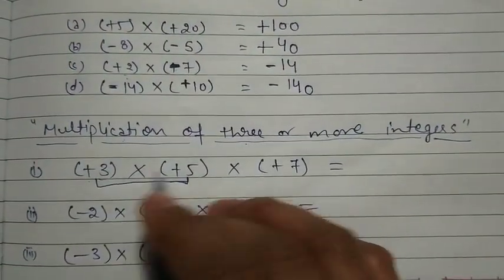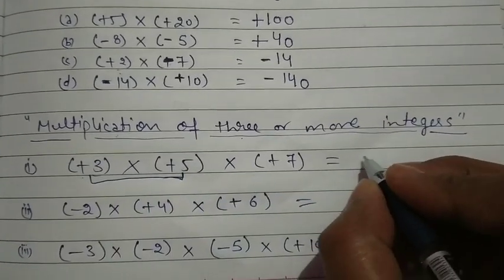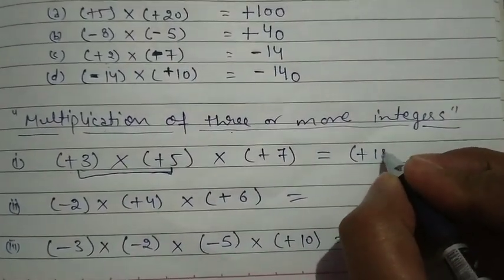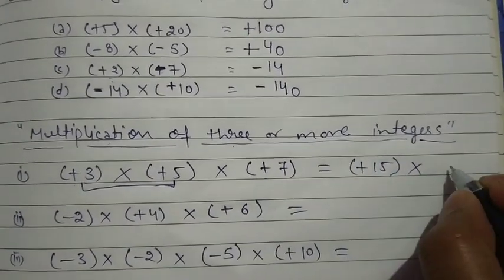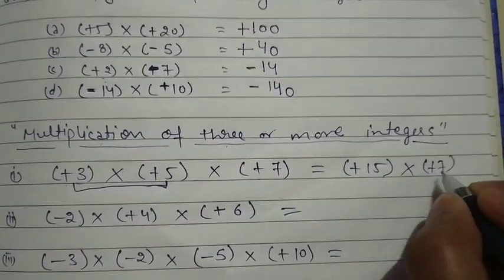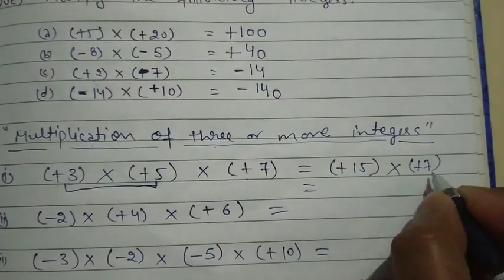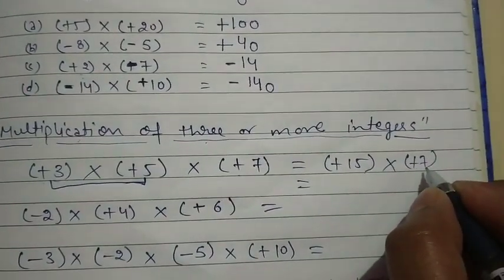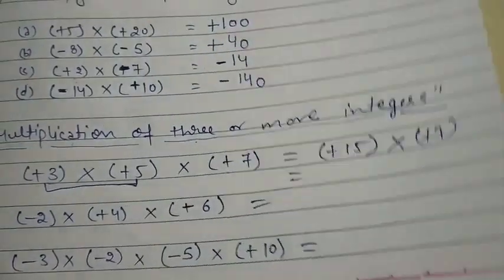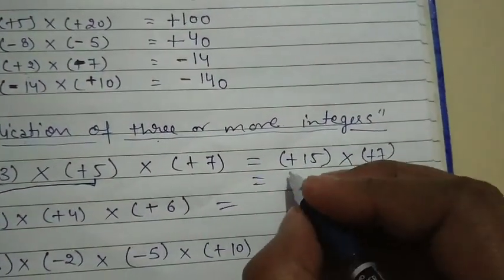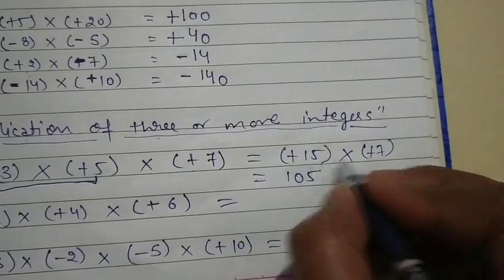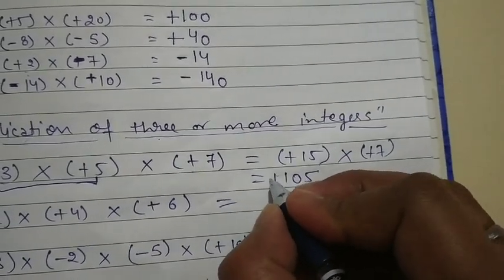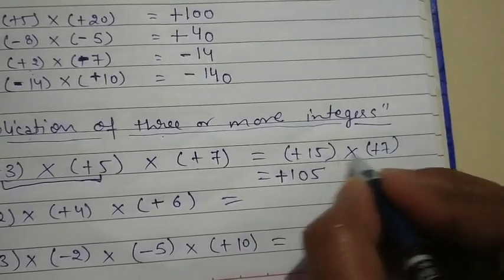These are of the same sign, so this will be plus 15. Then we are left with into plus 7. Now the product of plus 15 and plus 7, this will be what? 15 7s are 105, and we will put the plus sign because they are of the same sign.